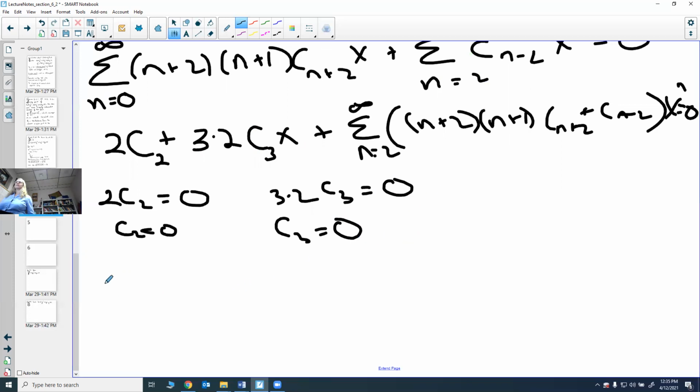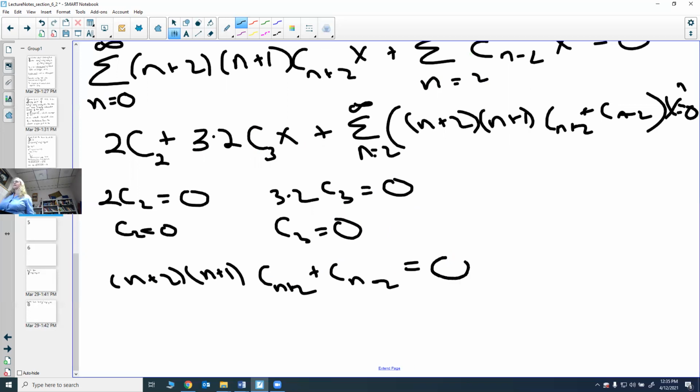The rest of this says that n plus 2 times n plus 1 times c sub n plus 2, plus c sub n minus 2, is the coefficient of every other x power, and they all have to equal 0, because x can never be 0, otherwise it'd be really boring.